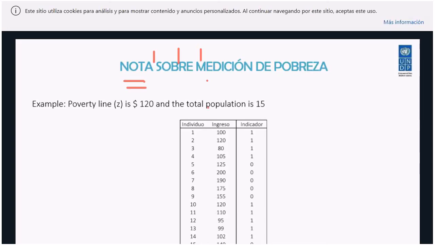If you have ones and zeros, you can calculate the average of those ones and zeros, and you get exactly the same 60%. So this is a very straightforward way to measure poverty in a household survey, by identifying them with ones and zeros.